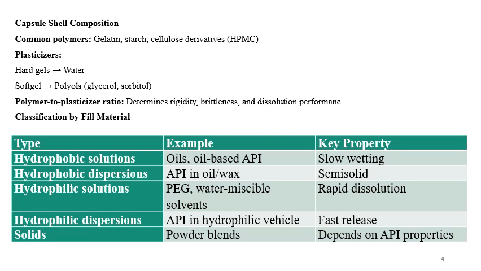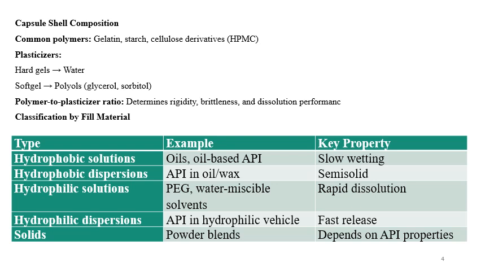Classification of the capsules by the film material: hydrophobic solutions, hydrophobic dispersions, hydrophilic solutions, hydrophilic dispersions and solids. Hydrophobic solutions may be oil-based API and have slow wetting property. Hydrophobic dispersions contain the API in oil or wax, and these may be of semi-solid consistency.